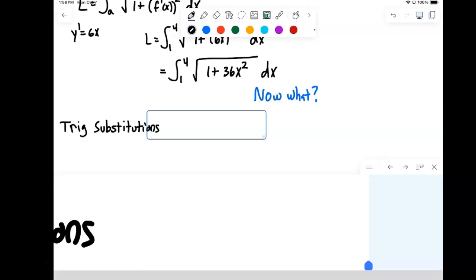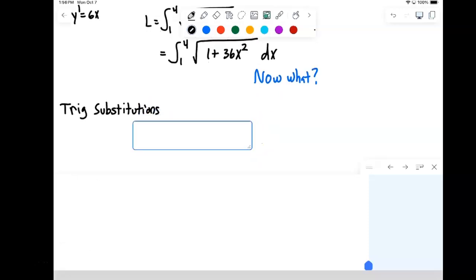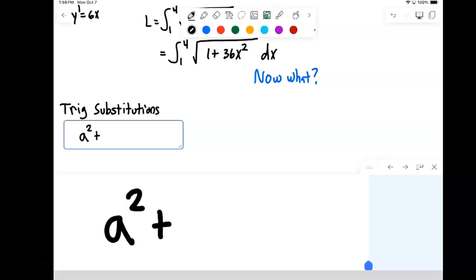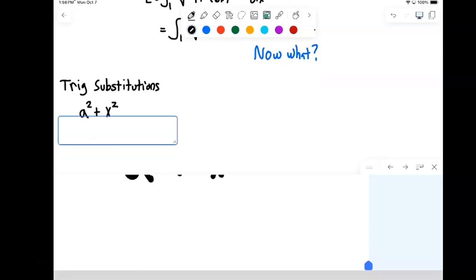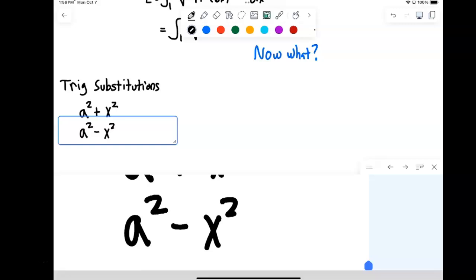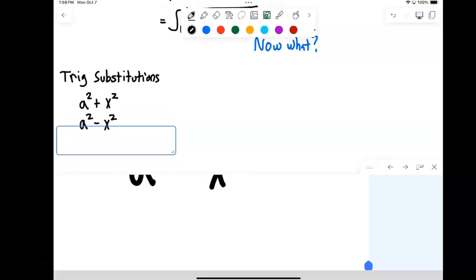And so we use trig substitutions when working with things of the form a squared plus x squared, or u squared, either way, a squared minus x squared, or again u squared, or in the form x squared minus a squared. Okay.